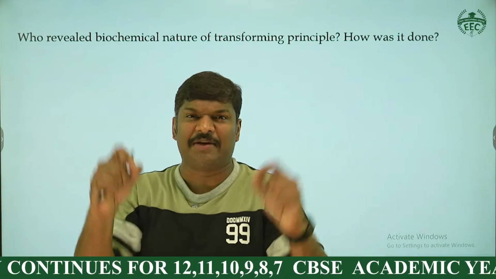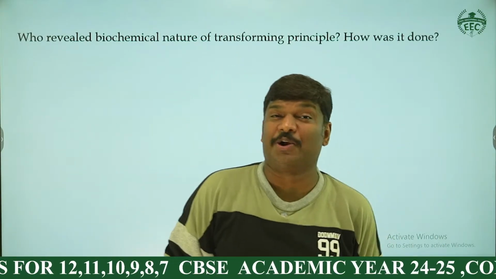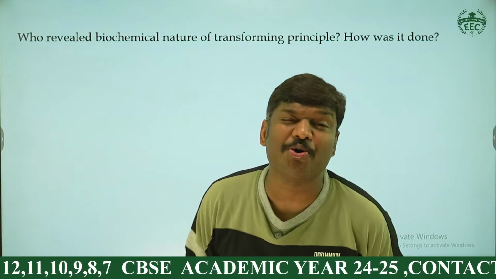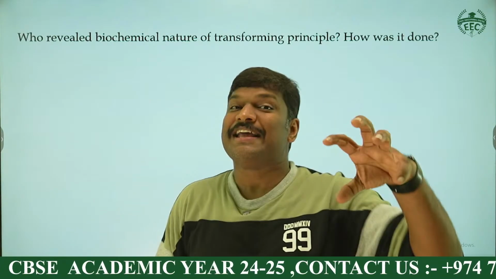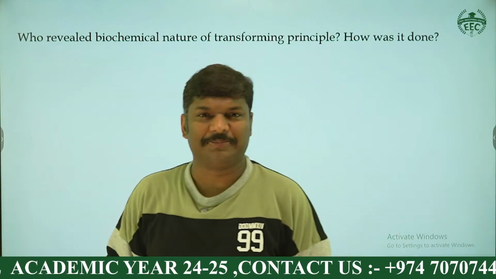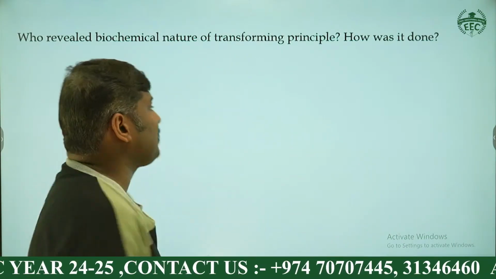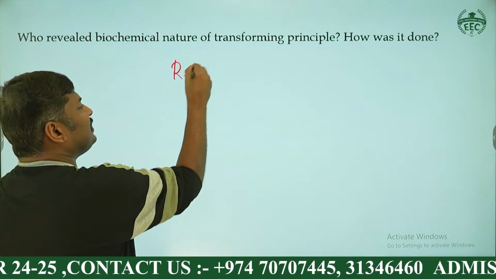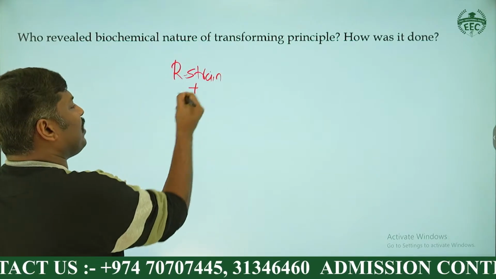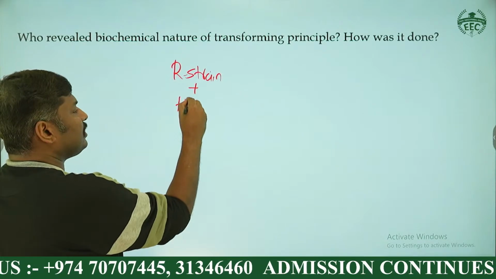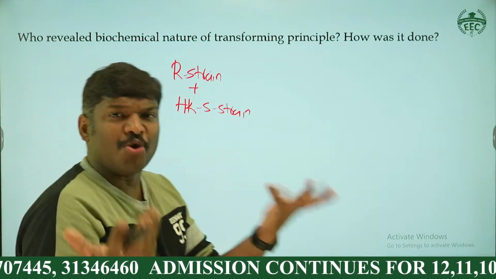Of those two strains, which one is virulent, and which one is non-virulent? As you all know, the S strain is virulent because it makes a smooth mucus polysaccharide coat over the bacteria. That is why the S strain is always virulent, my dear student. The R strain is non-virulent, and another one is the heat killed S strain, and both are non-virulent.